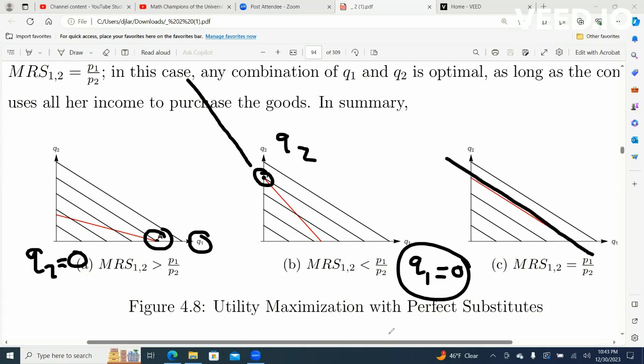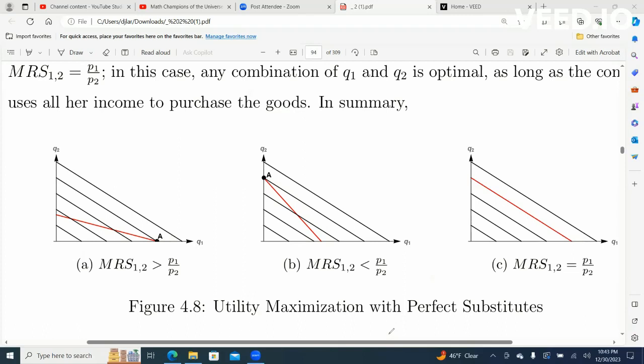Of course, if the slopes are the same, then the budget line lies on top of the indifference curve, and you have infinitely many solutions. This is a Q1 star and a Q2 star.